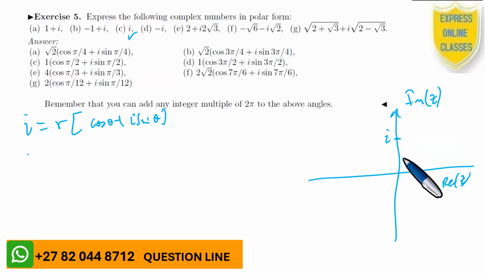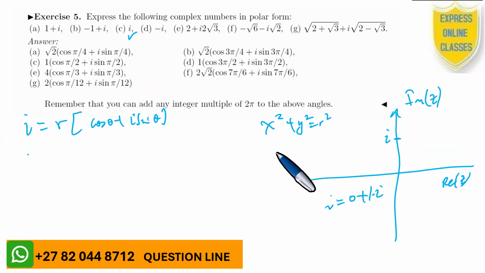So by Pythagoras theorem, x squared plus y squared is the radius squared. If the number is just I, it's 0 plus 1 times I, so this is x and that is y. X is 0 squared, y is 1 squared, equal to r squared.